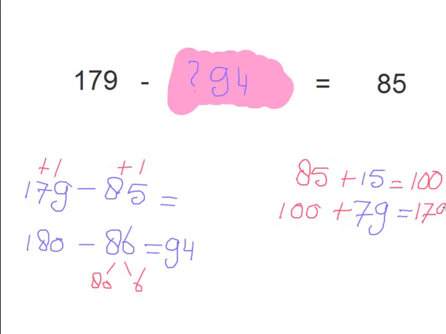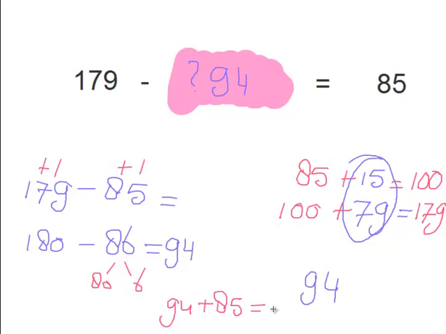And now we just add up the blue numbers to make sure. So 15 plus 79 equals 94. Okay, and let's check this problem to be sure. So 94 plus 85 does equal 179.